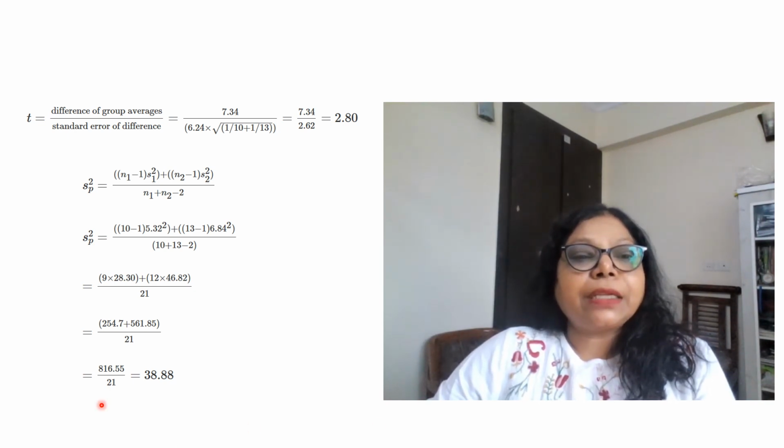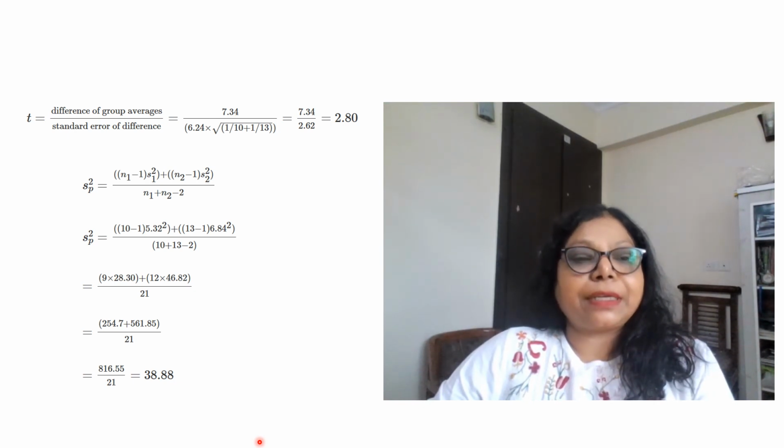So now we take the square root of the pooled variance and we get the pooled standard deviation. That is, here you can see the square root of 38.88, and this comes to 6.24. We now have all the pieces of our test statistic: the difference of the averages, the pooled standard deviation, and the sample sizes.